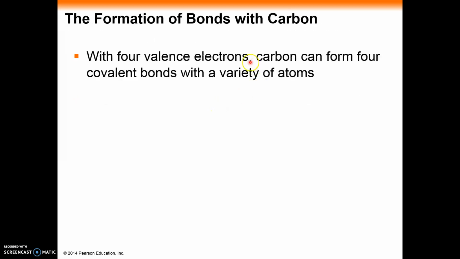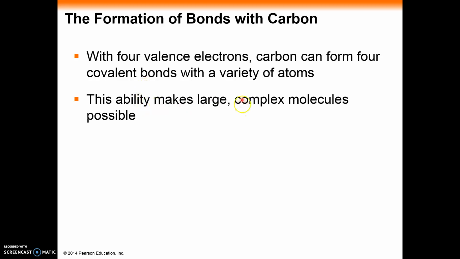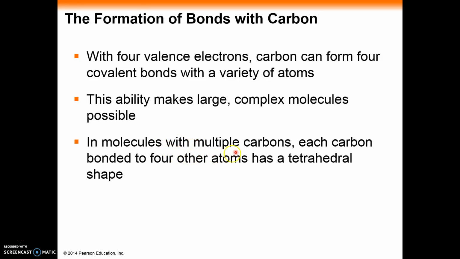So carbon with a valence of 4 can form 4 covalent bonds, okay? Which means that we have a variety of things that we can do. We can make large, complex molecules, and within these molecules, many carbons can be put together, and each of these atoms has a tetrahedral arrangement, right?